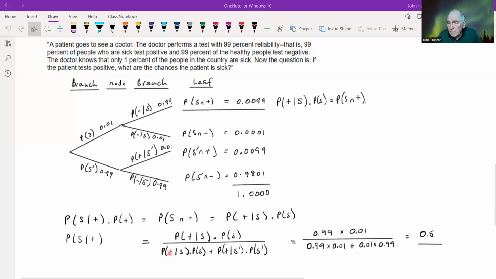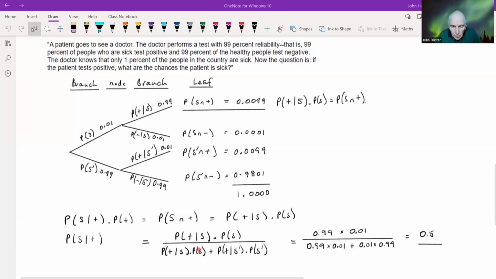Now we've had to divide this up into the 2 cases, because we don't know the probability of them being positive as one single number, but we do know it as the 2 possible cases. So the probability of them being positive given that they're sick times the probability that they're sick, plus the probability that they're positive given that they're not sick times the probability that they're not sick.